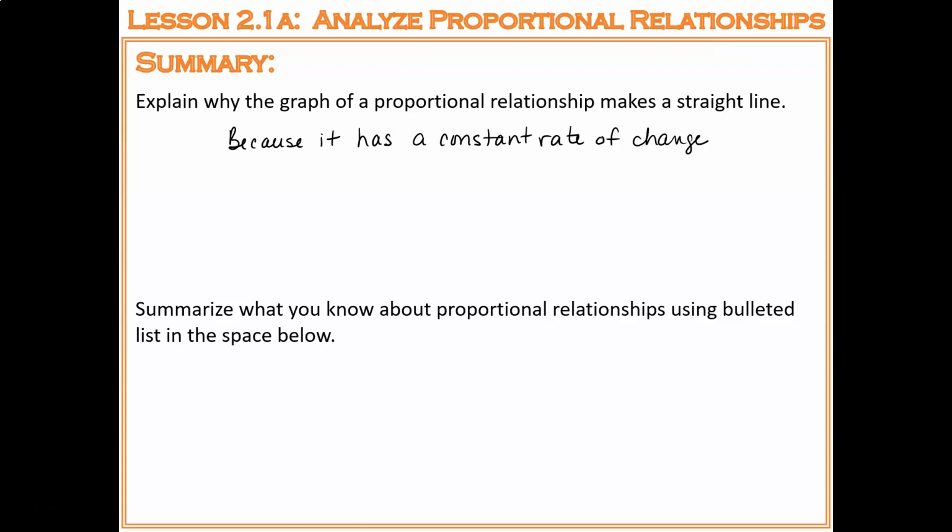So we know that they also have a constant rate of change. And their graph will be a straight line. And we know it must go through the origin.